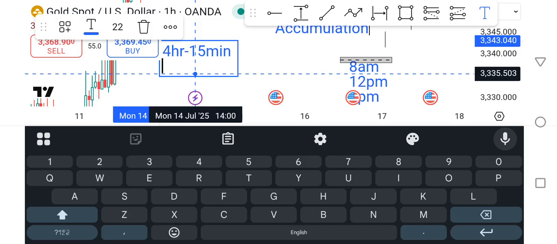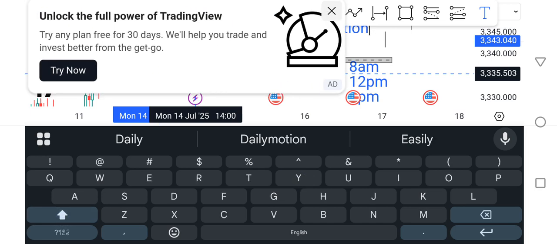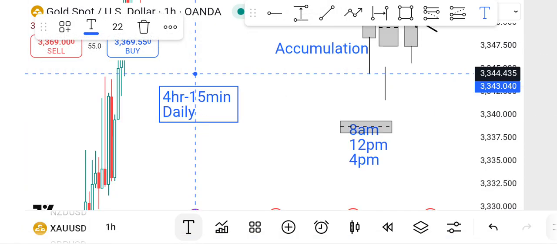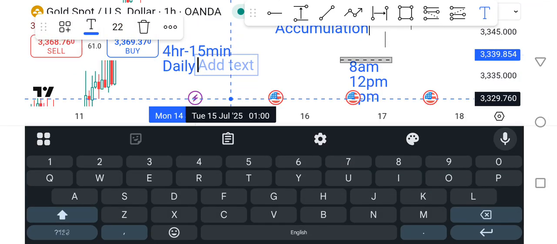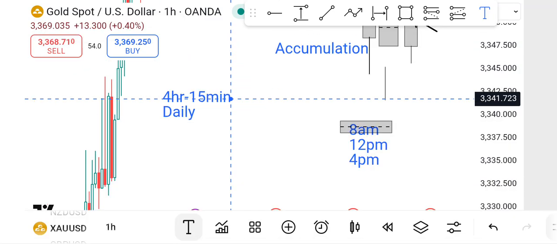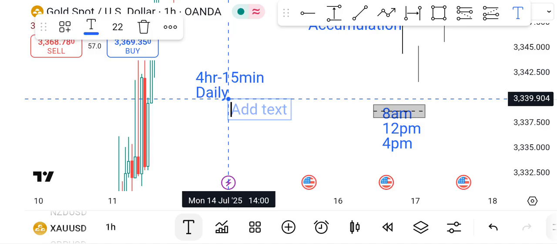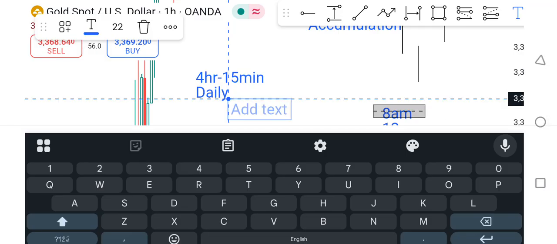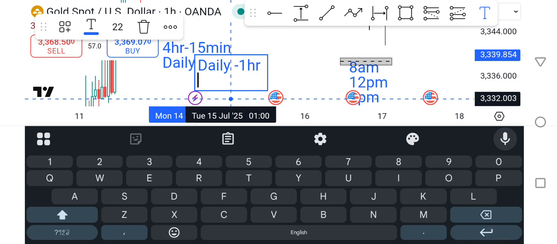And if you identify a CRT pattern on the daily time frame, let me just repeat again. When you spot a CRT pattern on the daily time frame, you are supposed to scale down to the 1 hour time frame for entries.